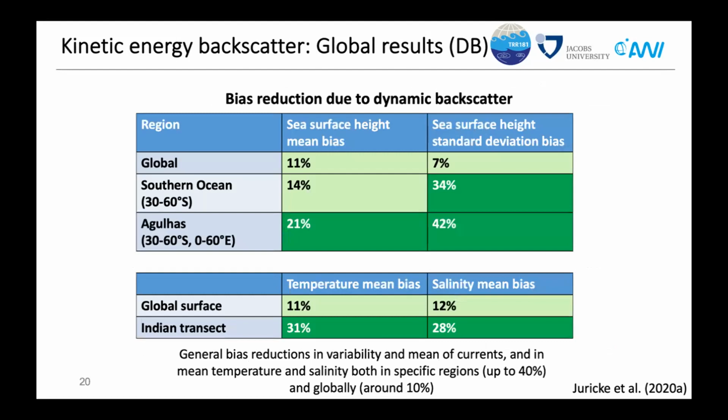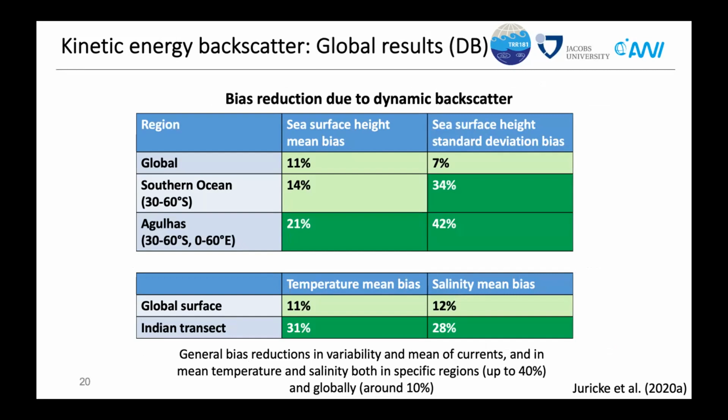And just to show general statistics, if we look at bias reductions for the dynamic part, we can see that sea surface height mean biases go down globally by 10%, but in some regions like the Agulhas current, even up to something like 20%. Sea surface height variability biases go down by something like 40% reduction of bias.